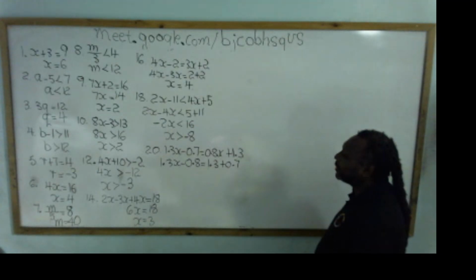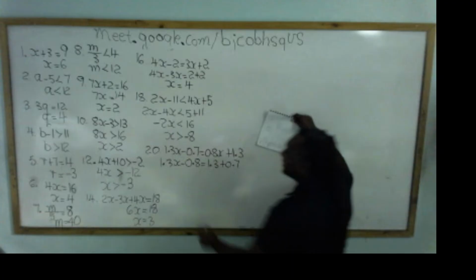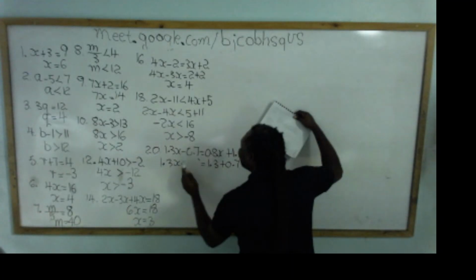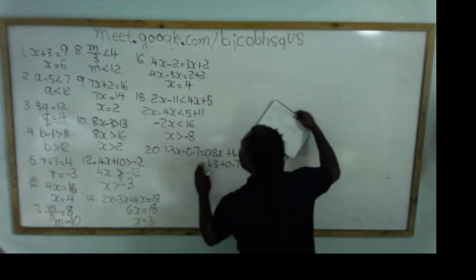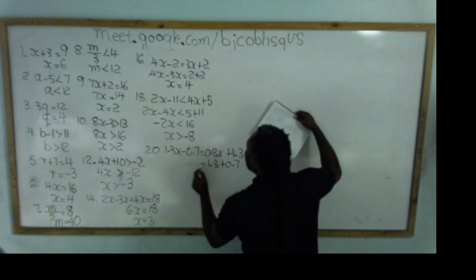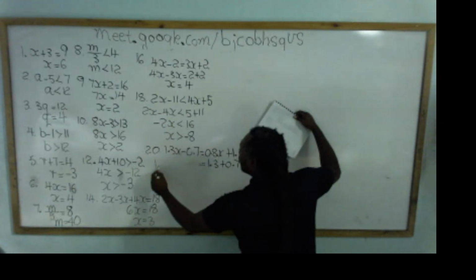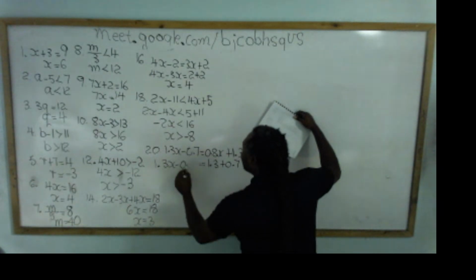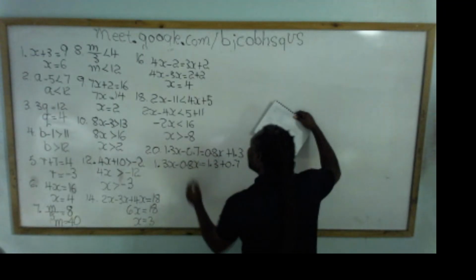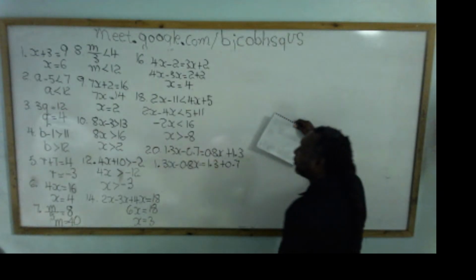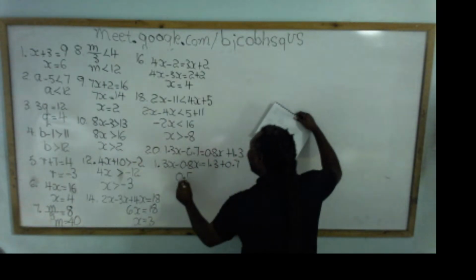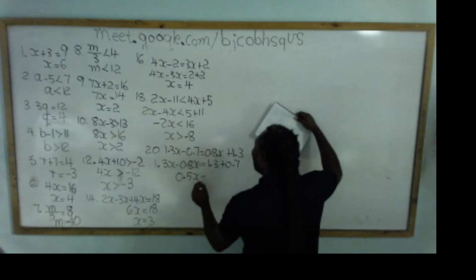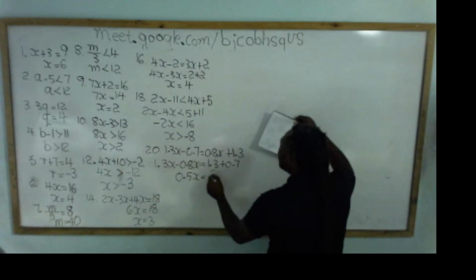So what will we have? 1.3x minus 0.8x, that will give us what? 0.5x equals 1.3 plus 0.7, that is what? 2.